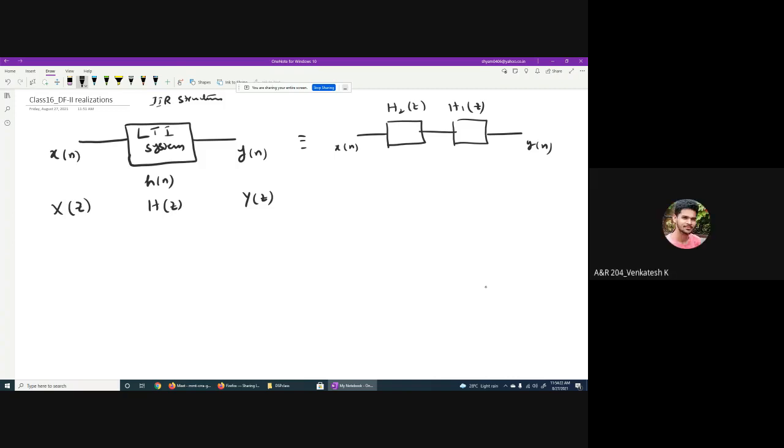Poles function. Then H1 is the zeros function. Instead of writing zeros first followed by poles, there will not be any difference, since multiplying H1 with H2 or H2 with H1, the output remains the same. Yes or no? Yes, sir.